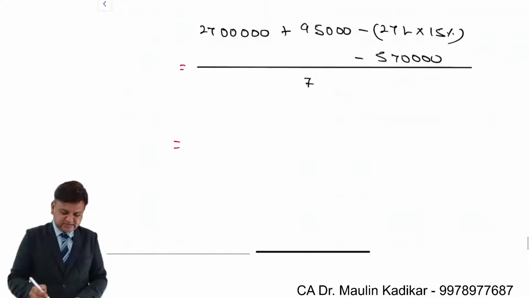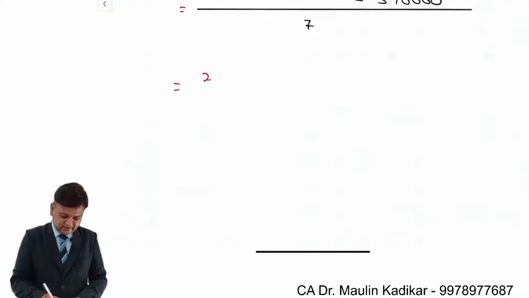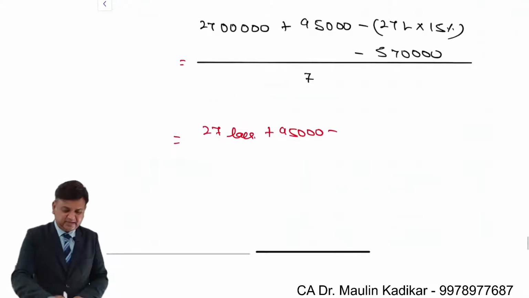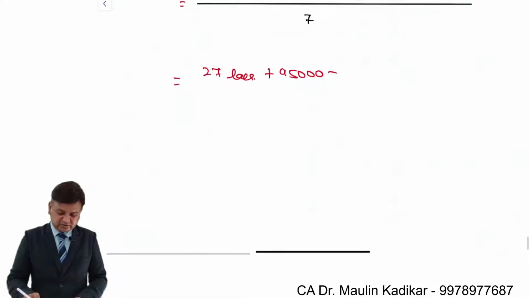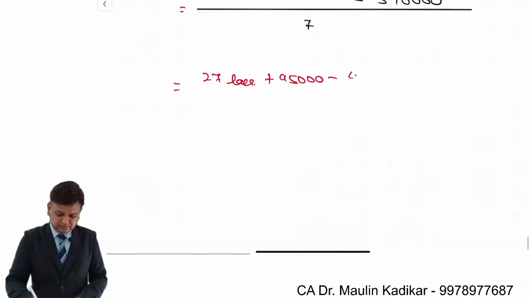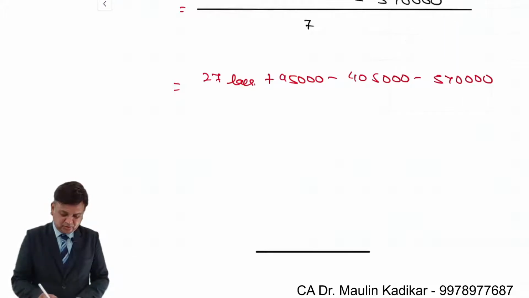So it is 27 lakhs plus 95,000 minus 27 lakhs into 15%, which is 4 lakh 5,000, minus 5 lakh 70,000, whole divided by 7.